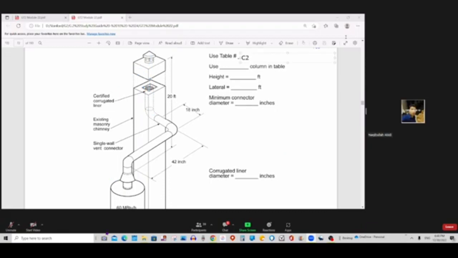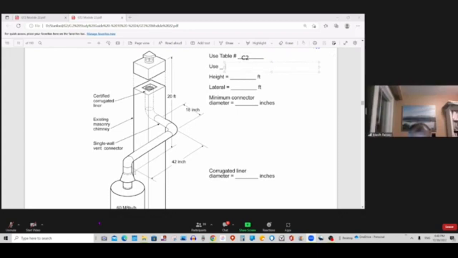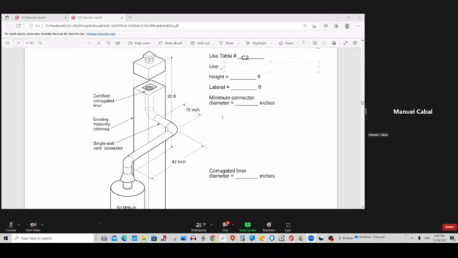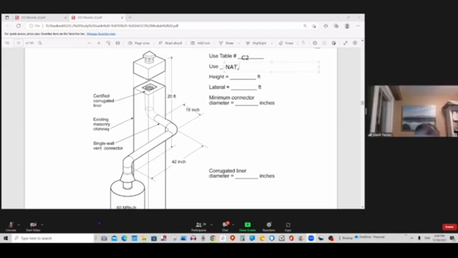Okay? Mr. Manuel, you tell me, what type of appliance is it? Natural draft. The same, we go with DP. Height is how much? 20, sir. 20 feet. Lateral, 42 inch, yes. How many feet?